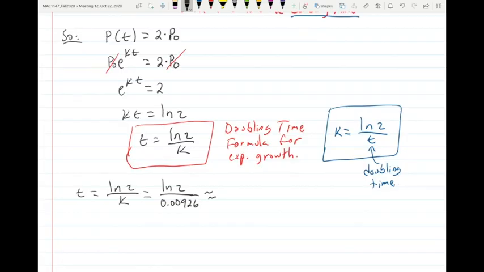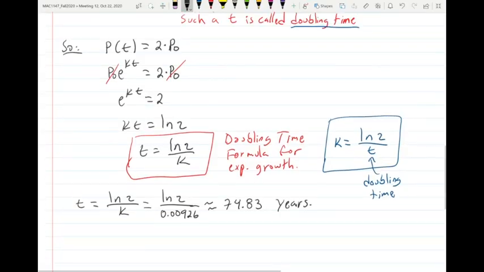So this guy, repeat, times ln of 2. So we have about 74.83. Okay. And remember, this is in years because t is in years. So 74.83 years.